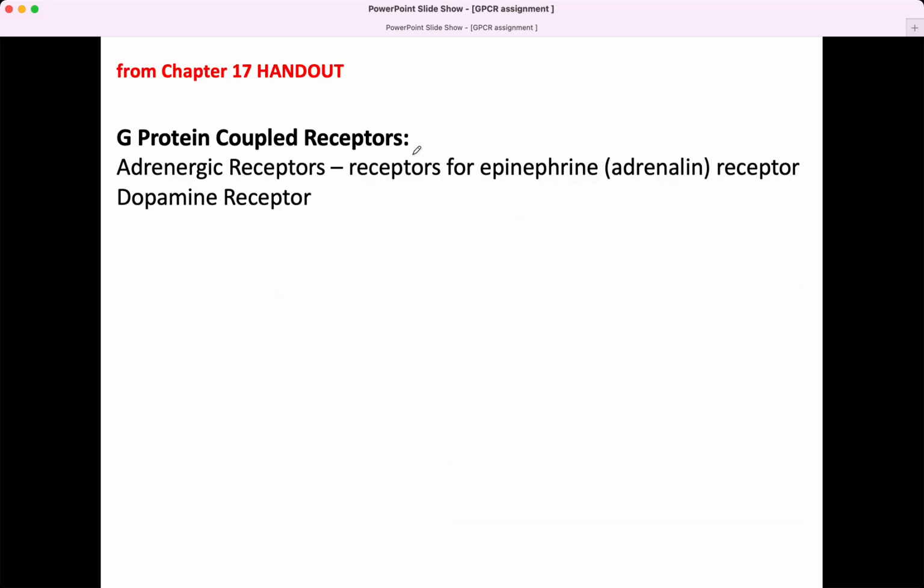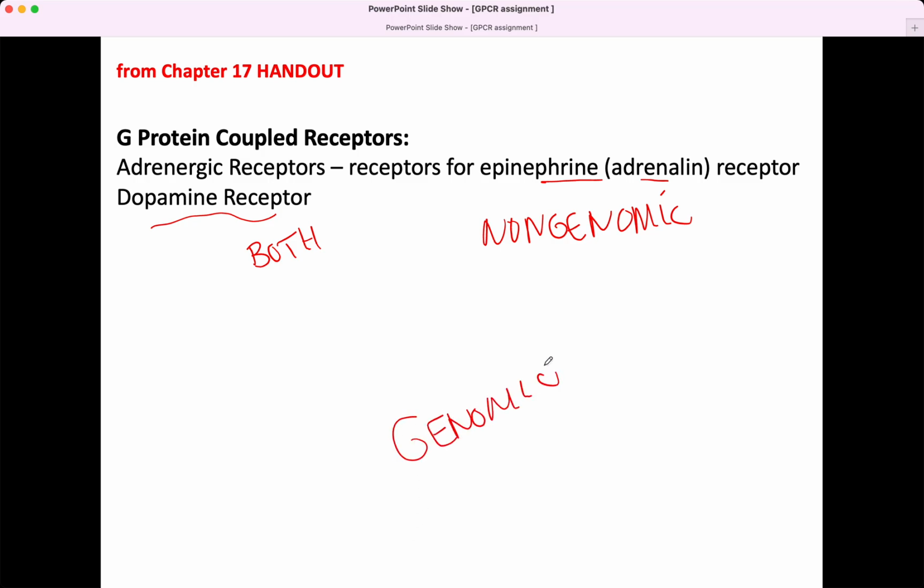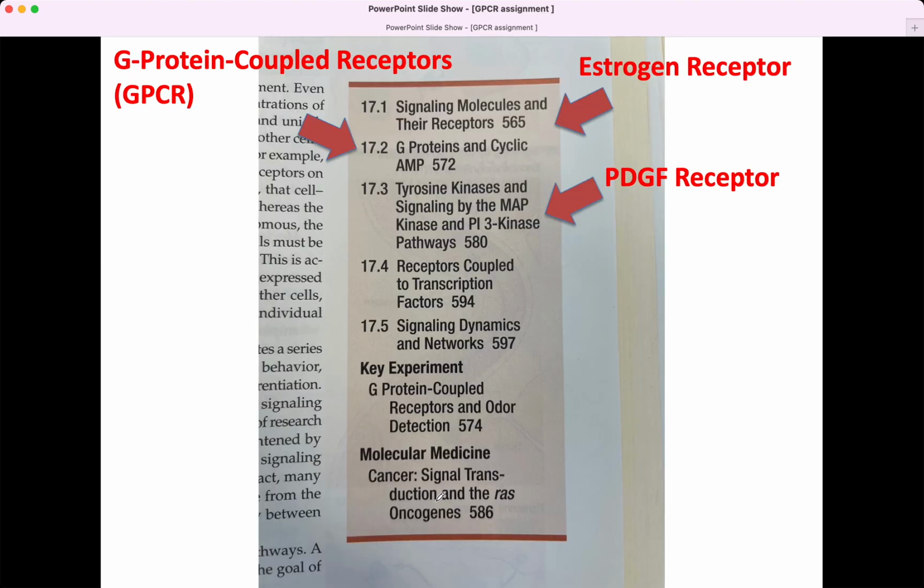And so we're going to see that the adrenergic receptors for adrenaline, we'll call it epinephrine, those are going to be a non-genomic response. And the dopamine receptor we're going to talk about is going to be both. Again, we have lots of examples of genomic responses. We've already had some, and we'll have more, okay? So just general concept terms like that to help us organize broadly our understanding of cell membrane receptors, okay?